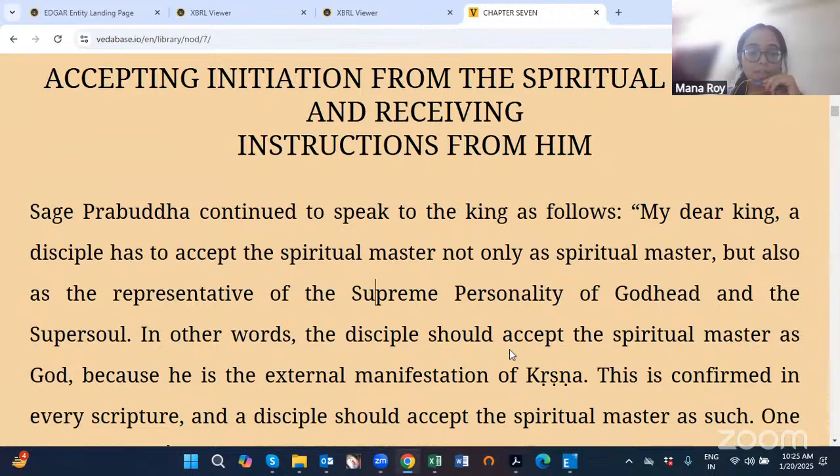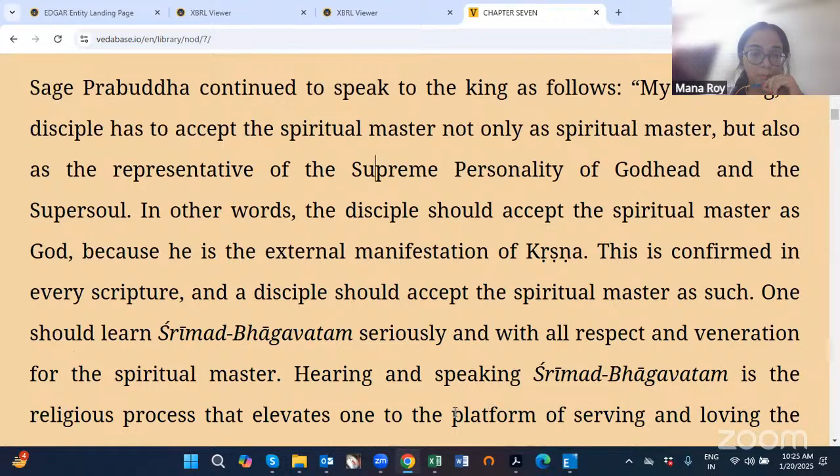Accepting initiation from the spiritual master and receiving instructions from him. Srila Prabhupada continued to speak to the king as follows: My dear king, a disciple has to accept the spiritual master not only as a spiritual master but also as a representative of the Supreme Personality of Godhead and the Super Soul. In other words, the disciple should accept the spiritual master as God because he is the external manifestation of Krishna. This is confirmed in every scripture, and the disciple should accept the spiritual master as such. One should learn Srimad Bhagavatam seriously and with all respect and veneration for the spiritual master.